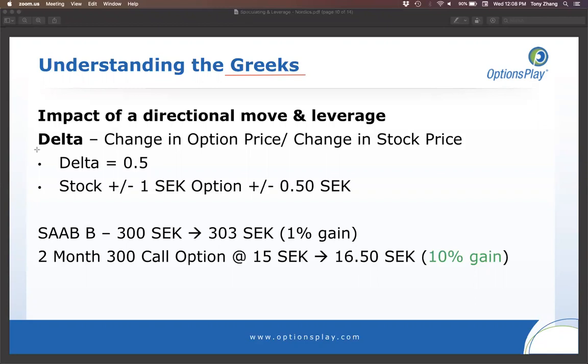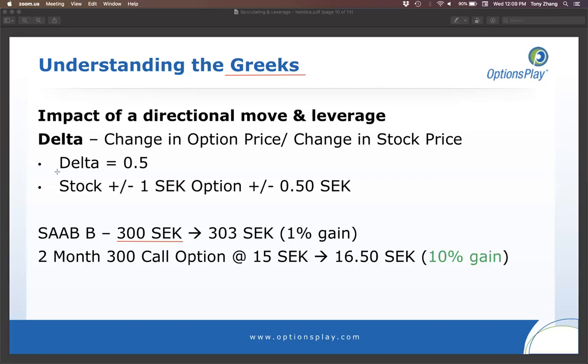So I'm going to talk about delta first, which is the impact of the directional move on the underlying stock, and leverage. Delta tells us how much the price of the option that you own will change based on the change in the stock price. I'm going to use Saab here as an example, currently trading at 300 crowns. If you buy a call option on Saab and Saab goes up by 1%, how much money do you make on your call option?